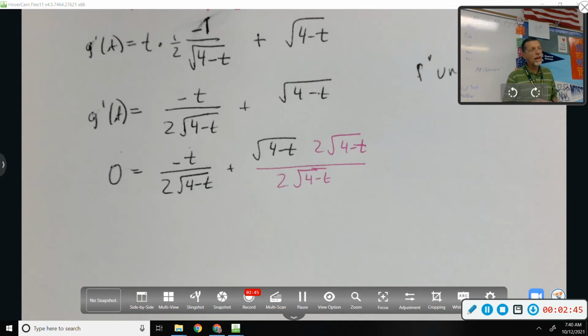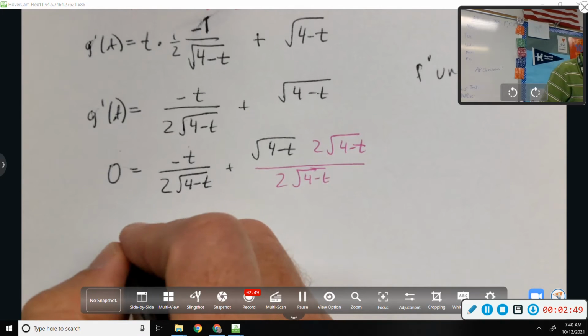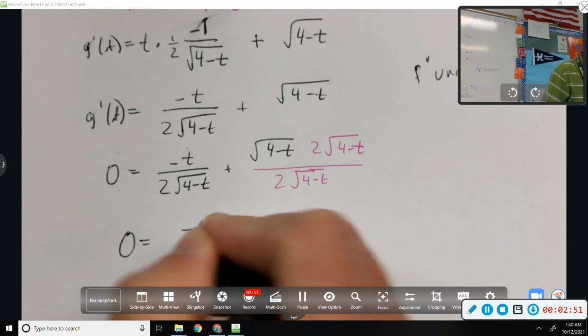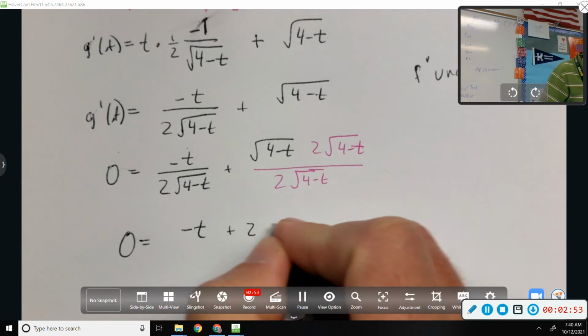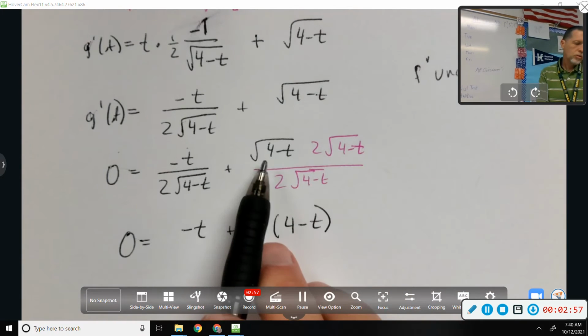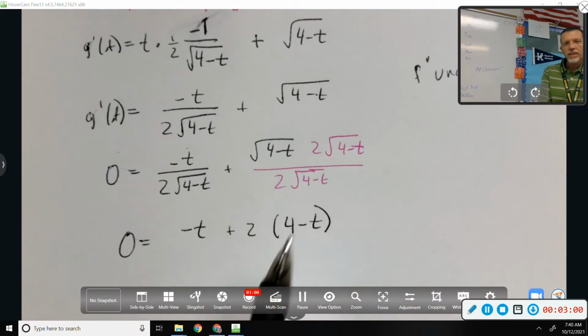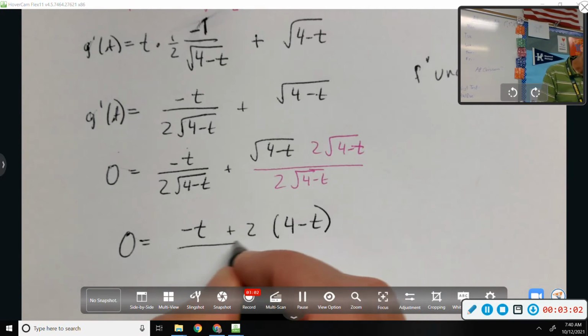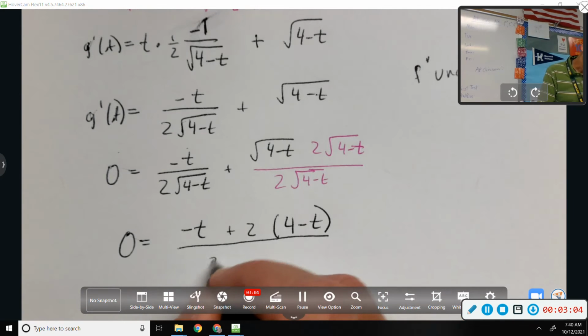This is now just an algebra problem. I just need to clear up all the algebra stuff. So negative t plus 2 times 4 minus t, because square root 4 minus t times square root 4 minus t is 4 minus t, all over the denominator.